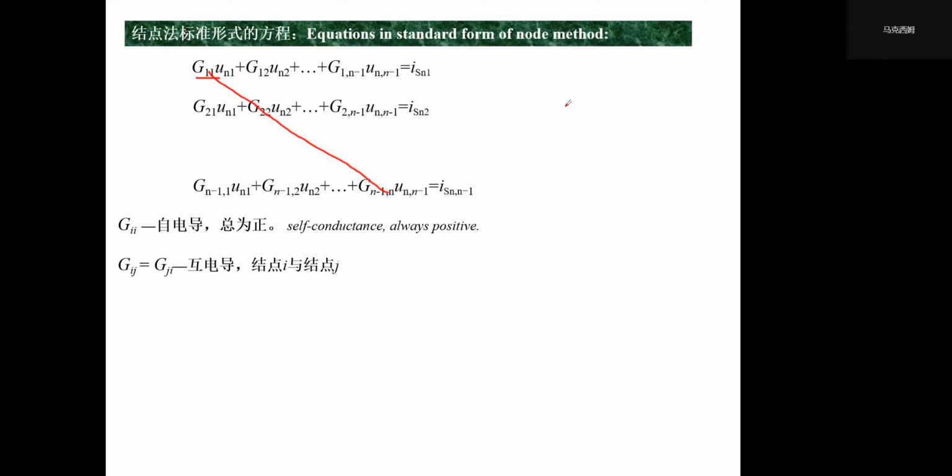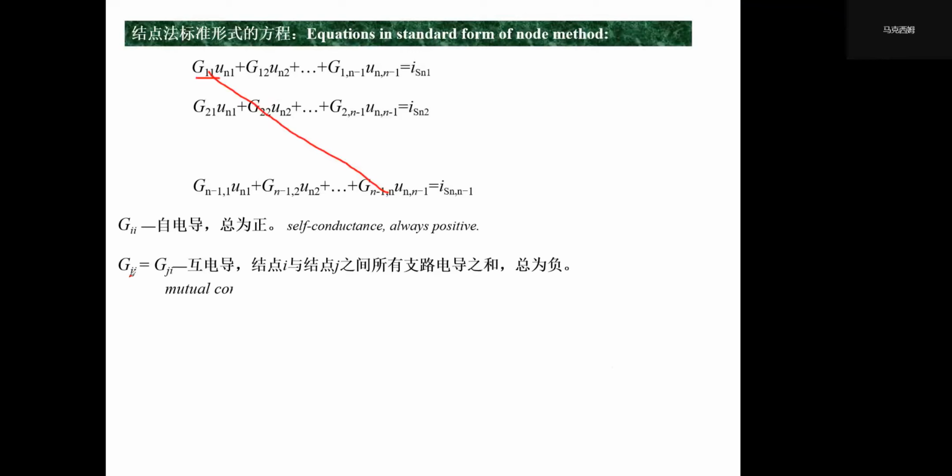And we can see the standard form of the node method equation, like this one. All the coefficients on the diagonal are also called self-conductances. Each is all the conductances connected to that node added up, and it's always positive.